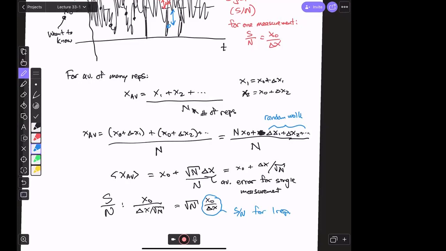So this means, for example, that if you need to improve your signal to noise by a factor of 10, you're going to have to do 100 repetitions of the experiment. So sometimes that's what you got to do. That's sometimes life as an experimentalist. To get publishable data, you might have to repeat your experiment a lot. Hopefully you can design your experiment so it can be repeated automatically and just leave it running overnight or something like that to get a bunch of reps.